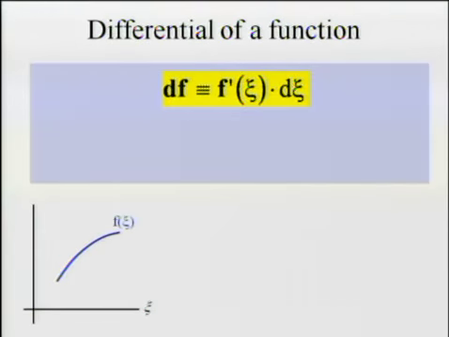Let's now take a look at the geometrical interpretation of a differential. It's very similar actually to a difference of a function. So rather now than thinking about the change in argument, think about tiny change in argument.